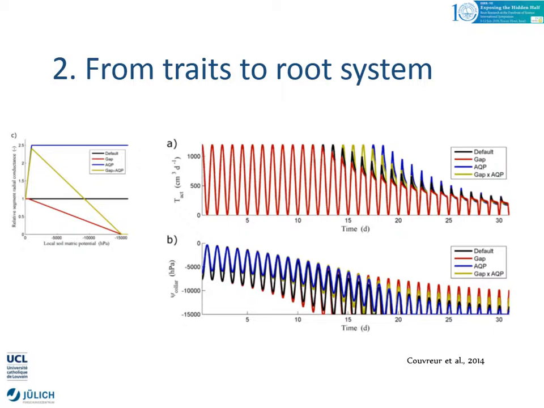For instance, one scenario where gaps were created between root and soil, one where we had aquaporin activation when the soil was drying out, other ones where we had combinations of those. And you can see that as a function of local properties, like gaps, like aquaporin activation, you see different behavior in terms of actual transpiration, but also in terms of leaf potential.